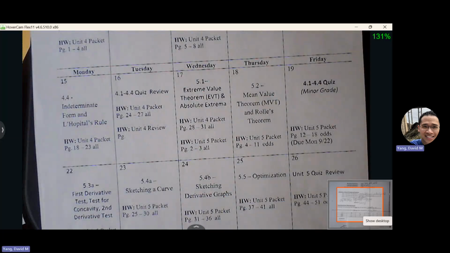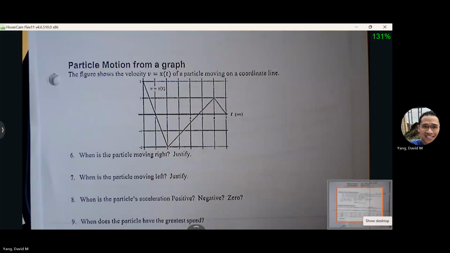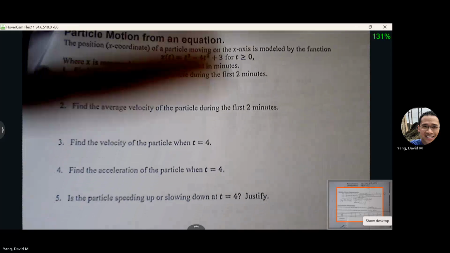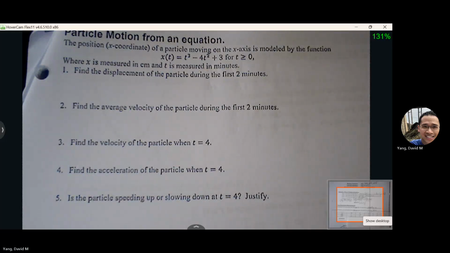All right, let's work through an extended problem here, page 3. The problem reads, a particle moves along the x-axis, with position modeled by x of t.